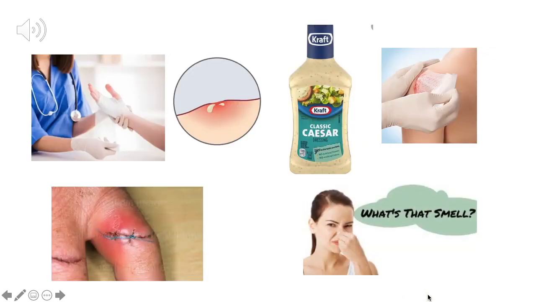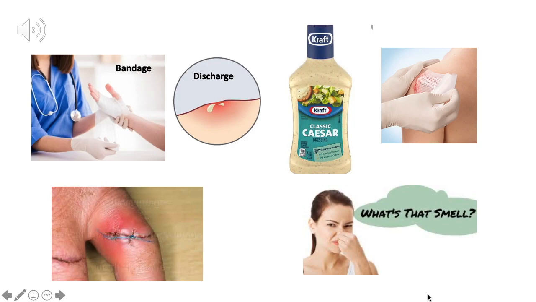So here we have different concepts. The first one is a bandage. And a bandage is a long piece of soft cloth that you tie around an injury. We saw this in the previous section, right? A discharge is a liquid that comes out of a wound.